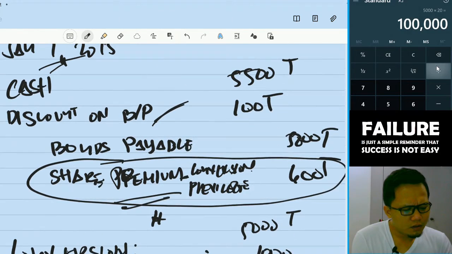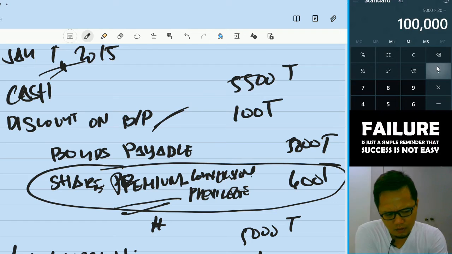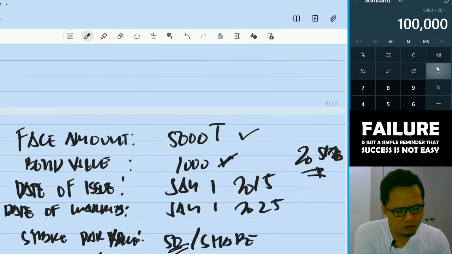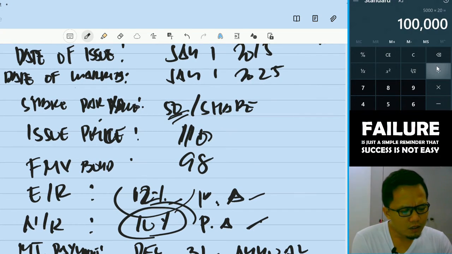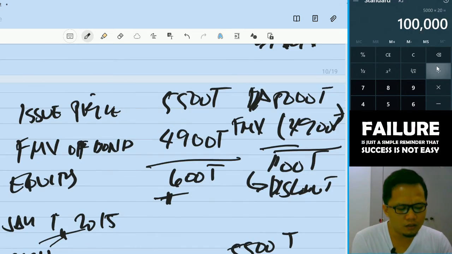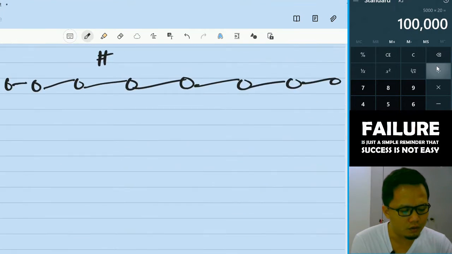Same example still. Okay, same example. Let's say this was paid on maturity date instead of conversion.